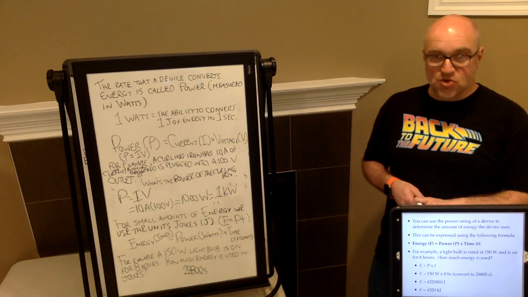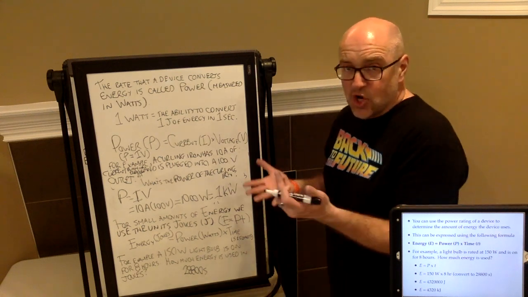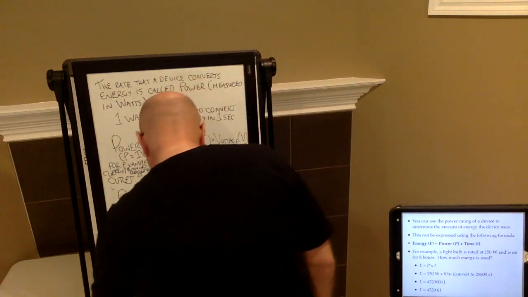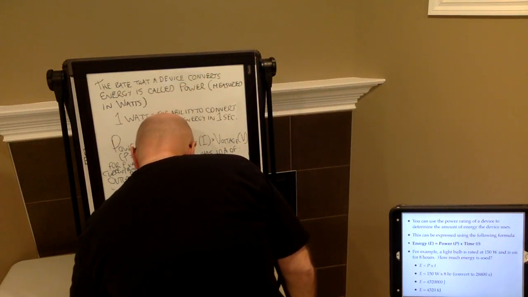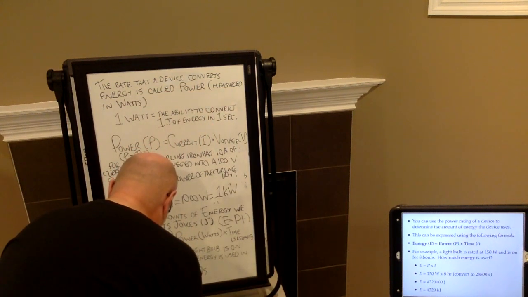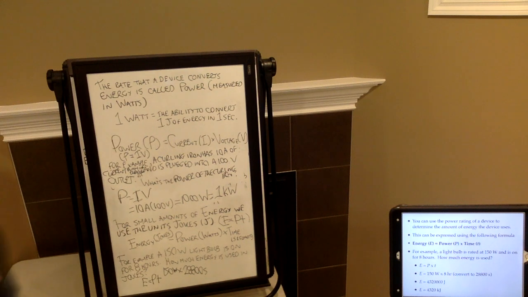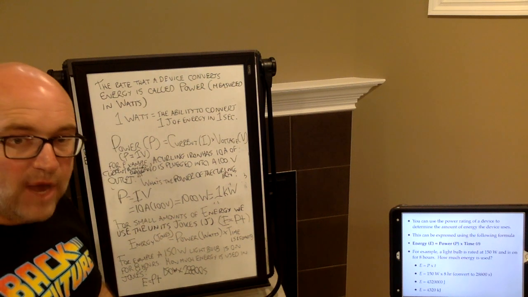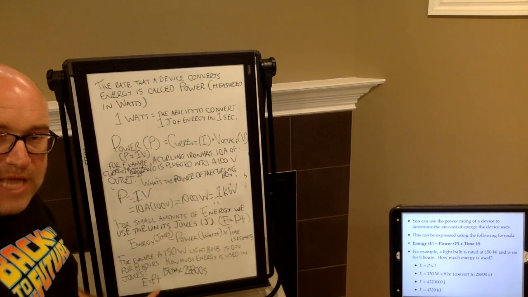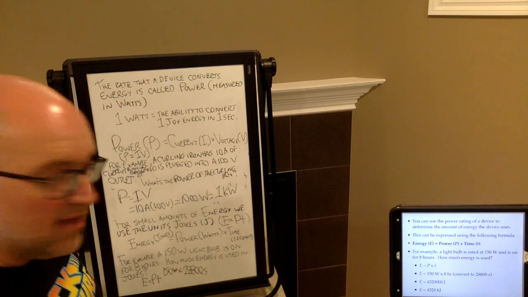And I know that I've got 28,800 seconds. My power conversion is good. I've got watts, so that's going to be fine. So I know that energy is going to be power times time. So I'm using this formula here, E equals P times T. So I've got power times time, so I got 150 watts times 28,800 seconds.